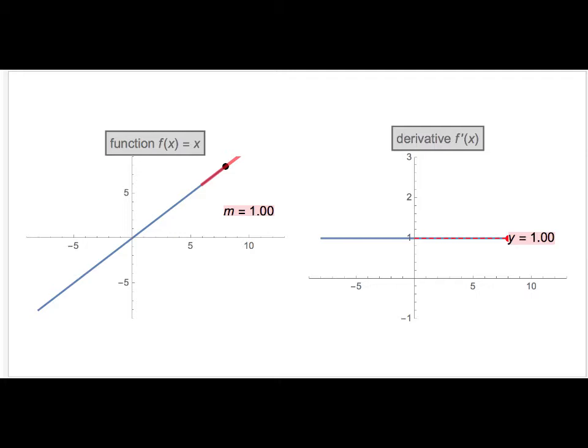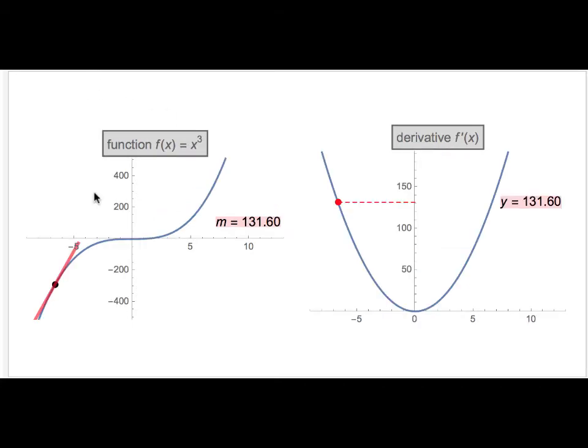It's a horizontal line because the slope of my tangent line is the same regardless of where I am on this graph. It's always going to be 1, since the slope of that line is 1. So the derivative of a linear function is a constant function, or a horizontal line.